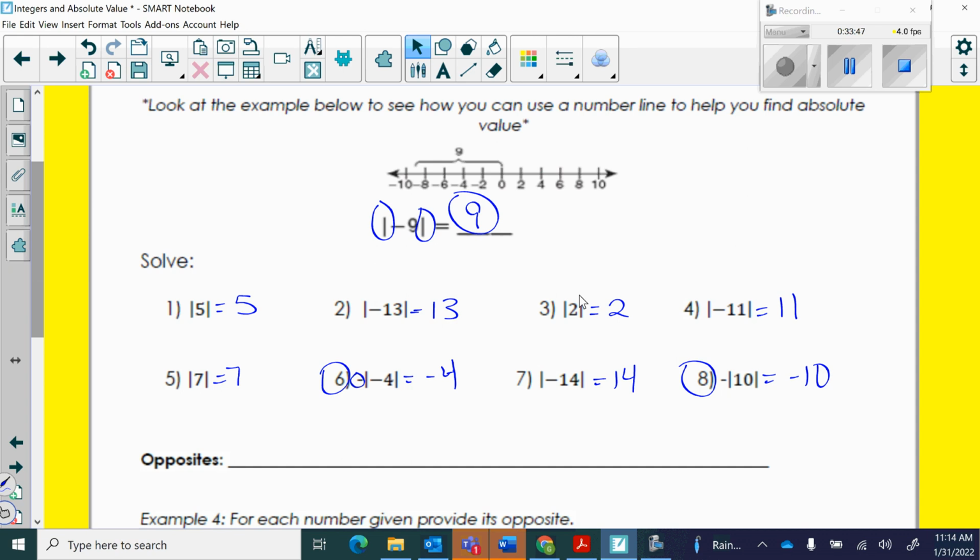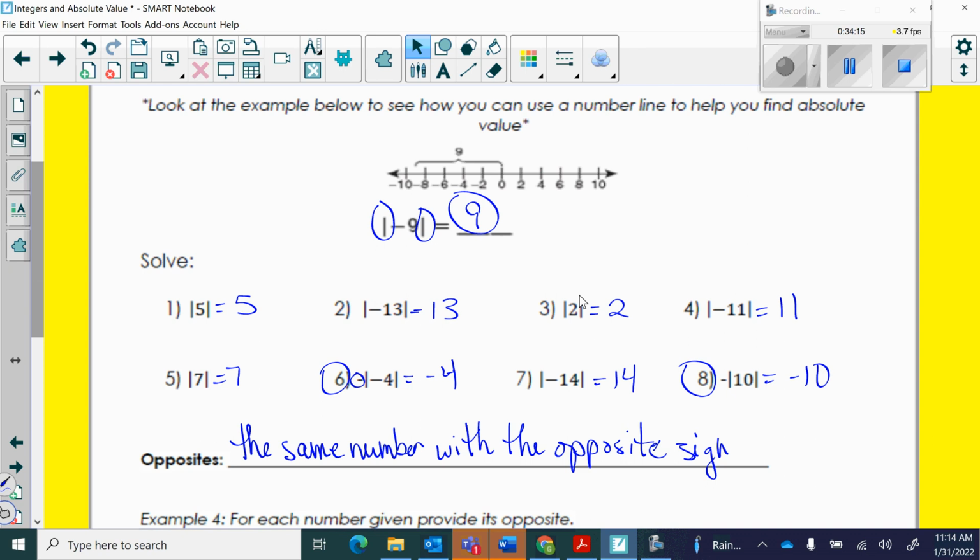Horizontal, because of the sign. So in an opposite, it's the same number with the opposite sign. So in other words, if it was positive, it's now negative. If it was negative, it's now positive. All I'm doing is changing the sign. I actually keep the number exactly like it is.